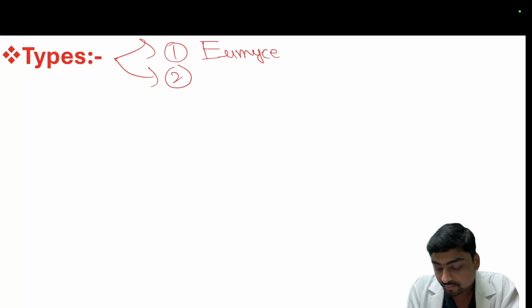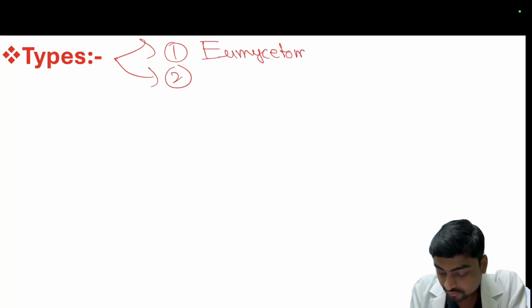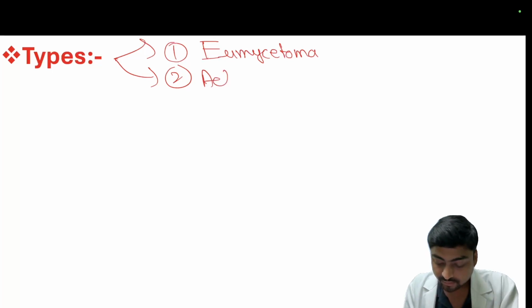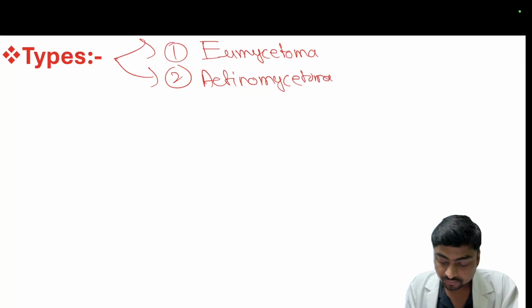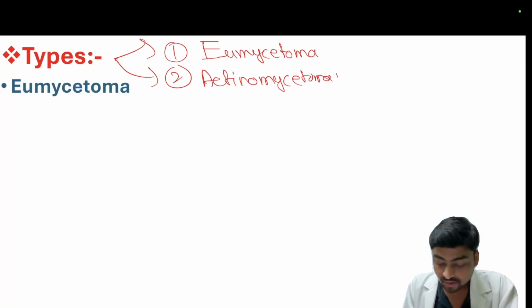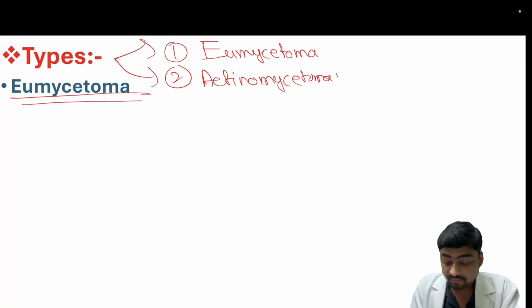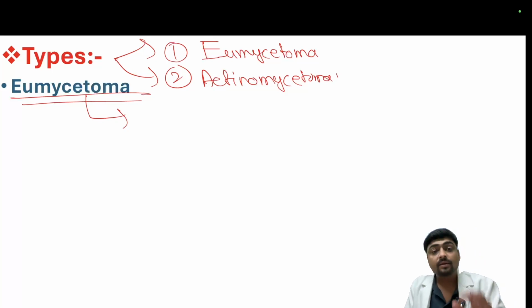Now, let's discuss the types of mycetoma. Mycetoma is mainly of two types. First is Eumycetoma, and the second is Actinomycetoma. So, in case of Eumycetoma, this Eumycetoma is caused by fungus.